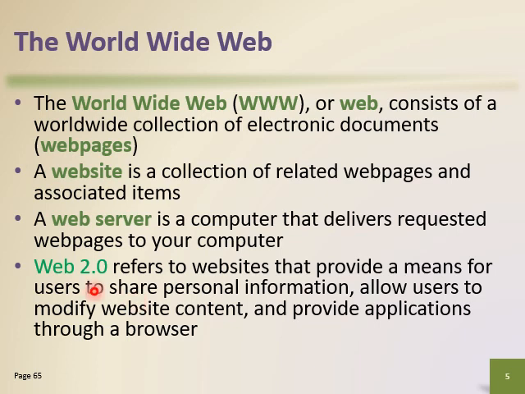Web before 2.0 was created by the developer, and you were not able to modify it. You as a user were only a user, you could not change it. But in the concept of Web 2.0, you can share your personal information, modify the website content, and make changes to that content as well.